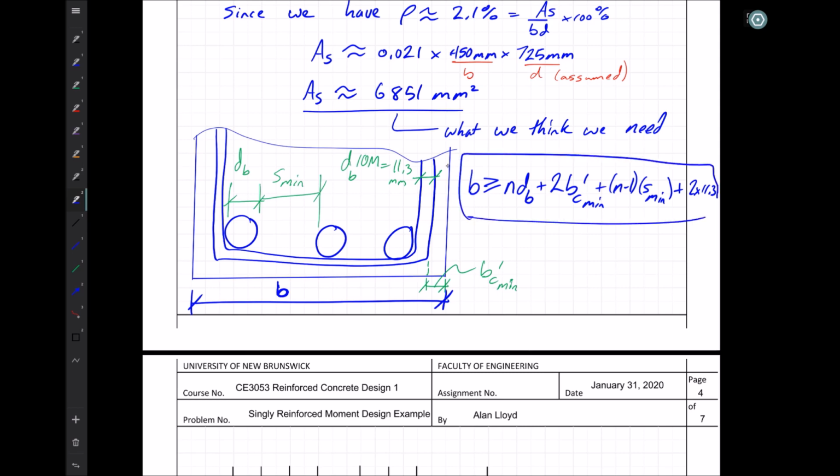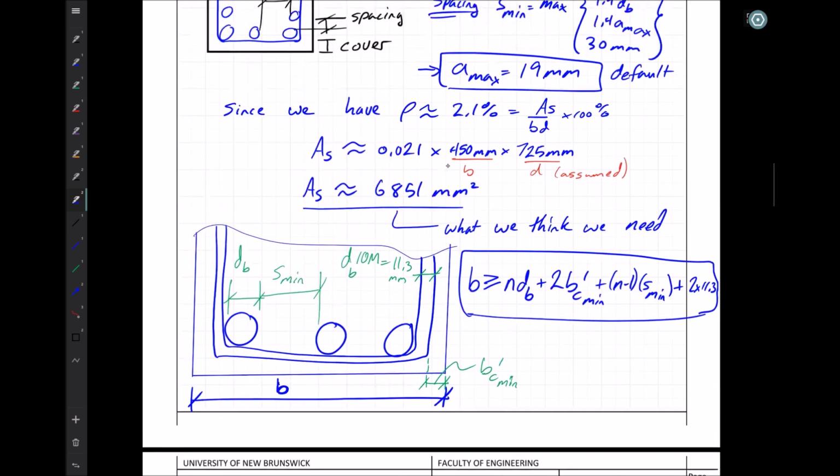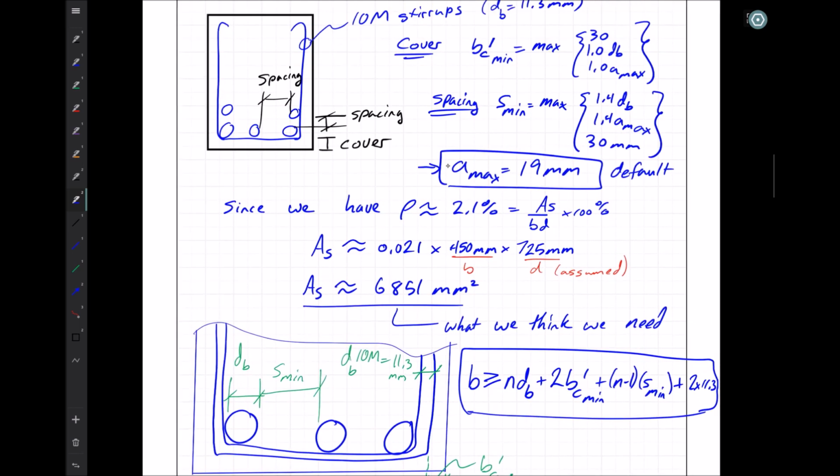So if I take that equation along with the equations that I have up above, let's just use purple here, a color I haven't used on this page, to show what I'm looking for.